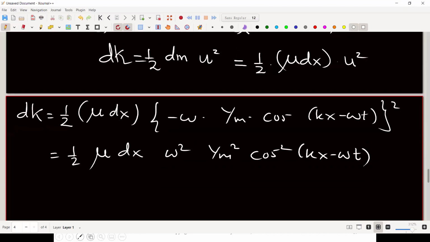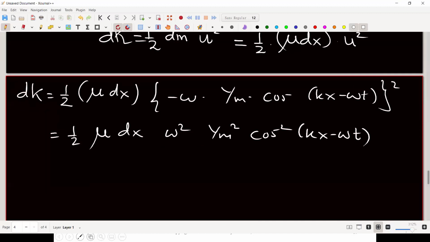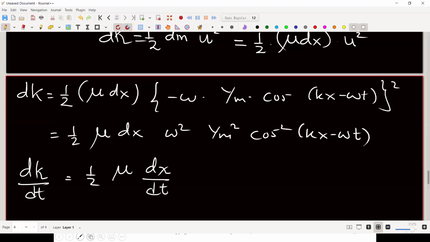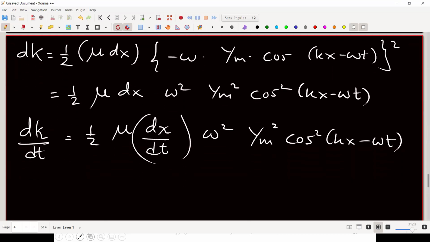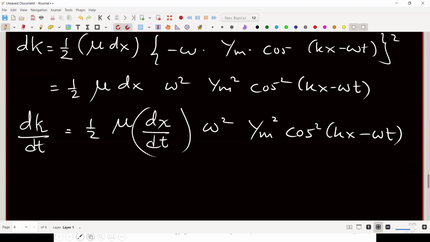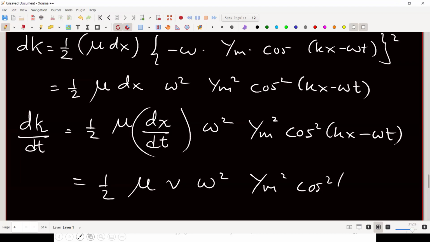If we divide by dt, or we take the derivative dK/dt, this one becomes half mu dx/dt omega squared ym squared cos squared(kx minus omega t). Okay, dx/dt is v, the speed of the wave. Half mu v omega squared ym squared cos squared(kx minus omega t).